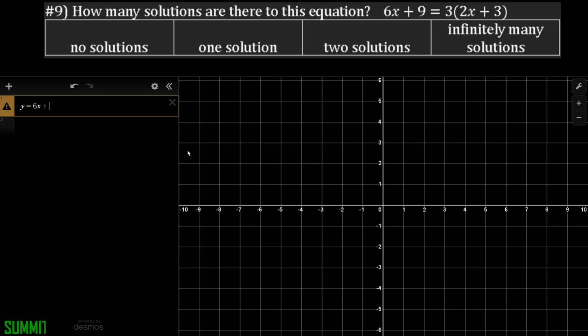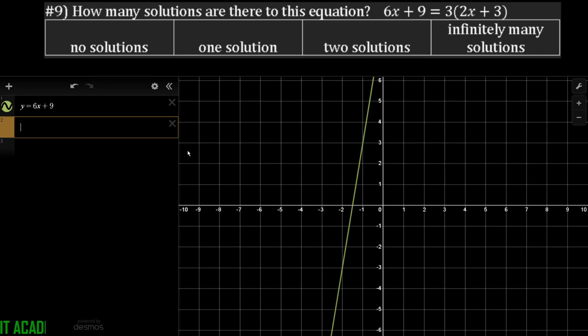So 6x plus 9, and I have y equals 3 times the quantity 2x plus 3. Notice as soon as I type in that 3, that's when the other line comes up. So since they're overlapping lines, that is going to be infinite solutions.